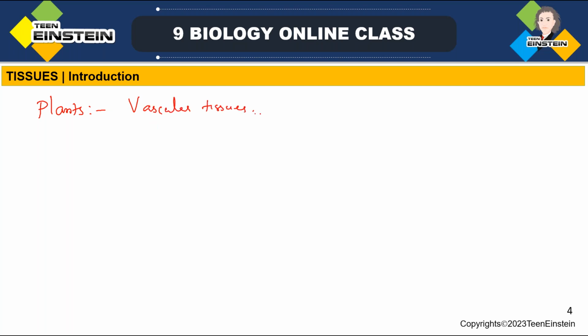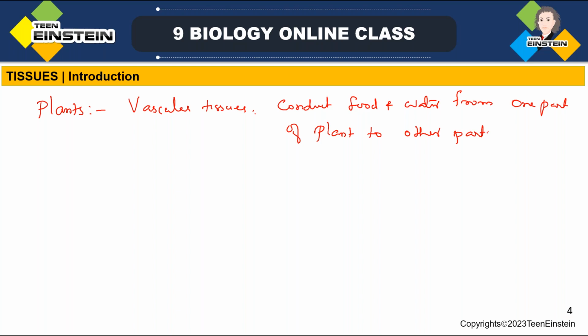Vascular tissues are to conduct food and water from one part of the plant to other parts of the plant.